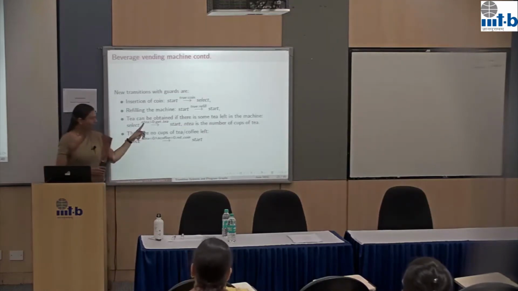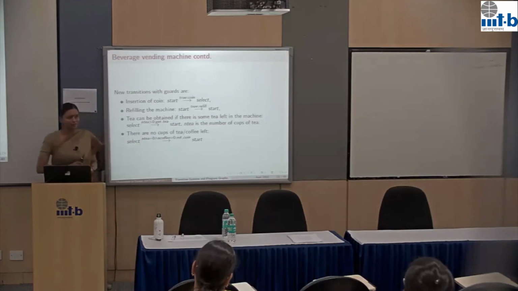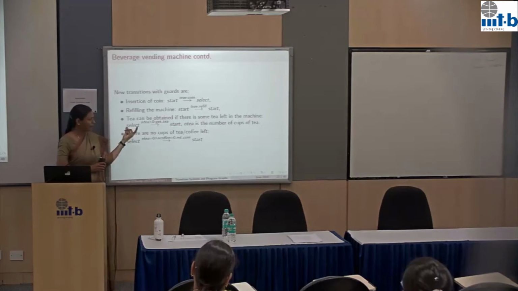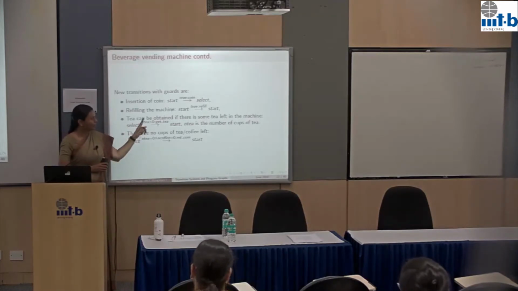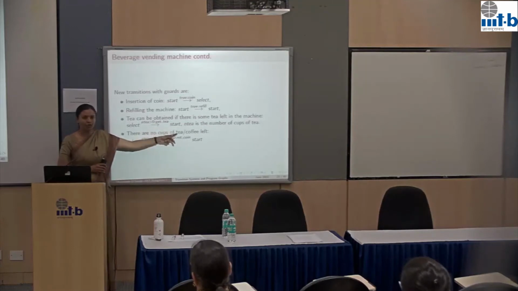So if the number of cups of tea is greater than 0, then the action get tea is enabled. You're able to read this guard. So from the state select, when the number of cups of tea is greater than 0, then I can do get tea and go back to start.